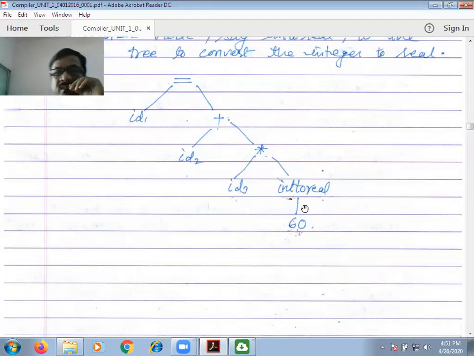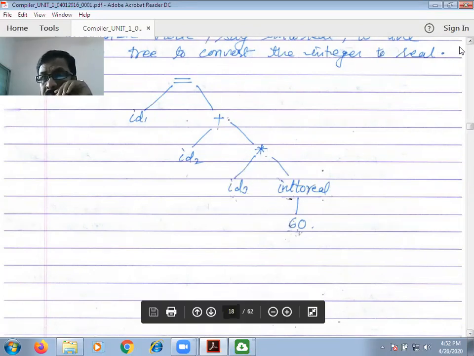Integer to real is a converter code which considers 60 as a real, so that identifier 3, or rate, is easily multiplied by 60. This incorporation of attributes or converters is known as semantic rules.